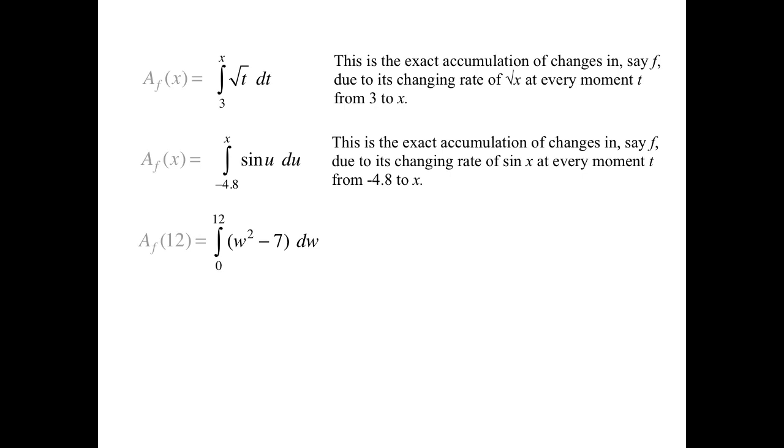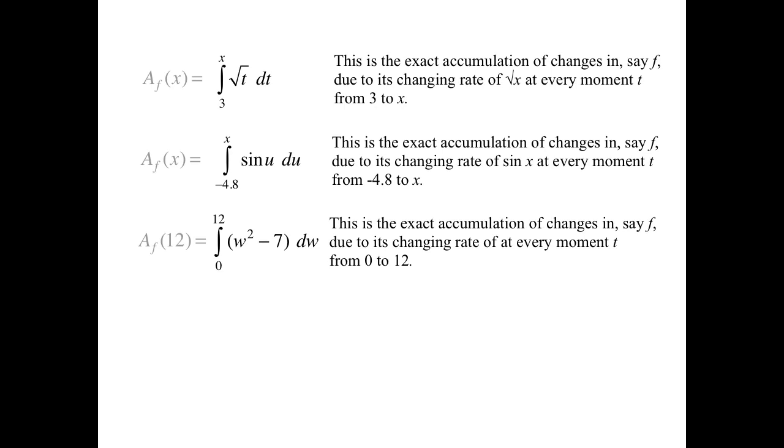So it's like we have this function, we're integrating from 0 to any value x at this rate, w squared minus 7. And then we looked at the particular value of 12. See that? So it's the same thing. We still want to see that as a function, but we're looking at a particular value of the dependent variable when the independent is 12.